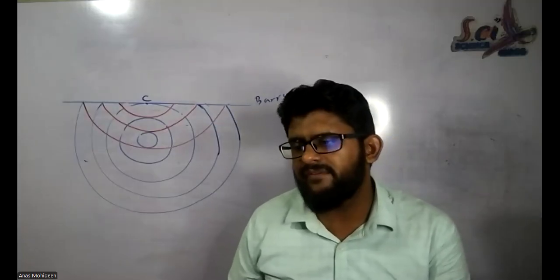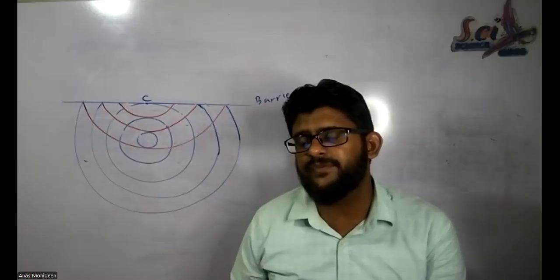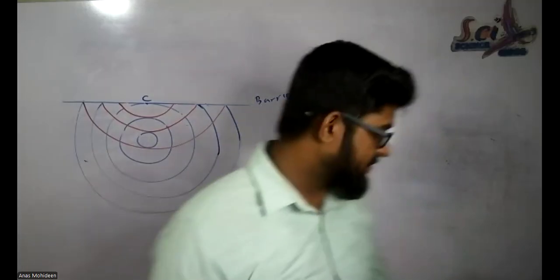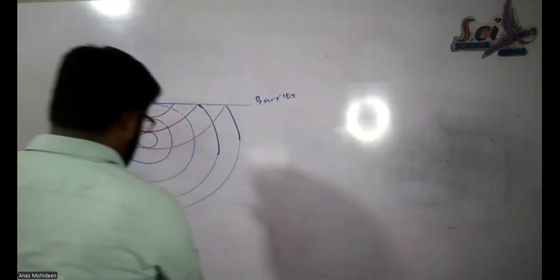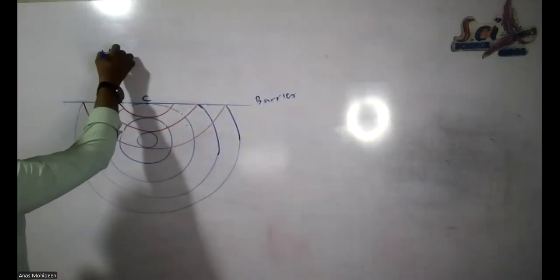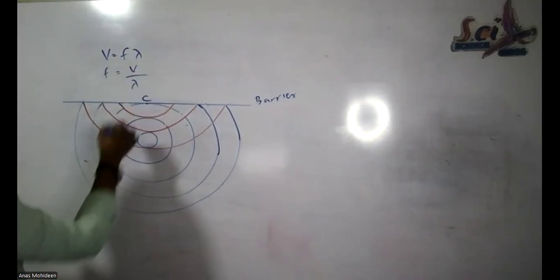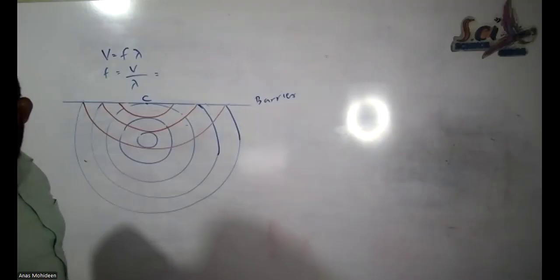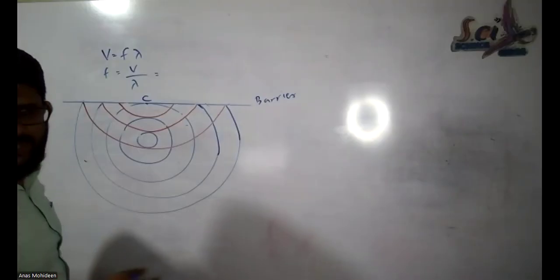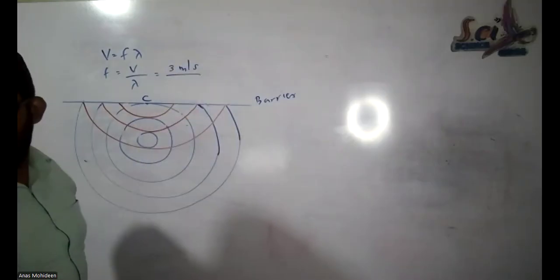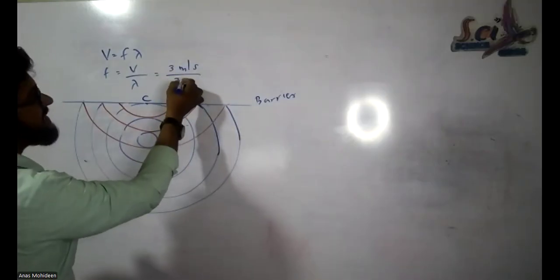The speed of the wave is 3 meters per second and its wavelength is 7 centimeters. Calculate the frequency. This question is very common. How do you find the frequency? V equals F lambda, so F equals V over lambda. The speed is 3 meters per second, divided by the wavelength, 7 centimeters.